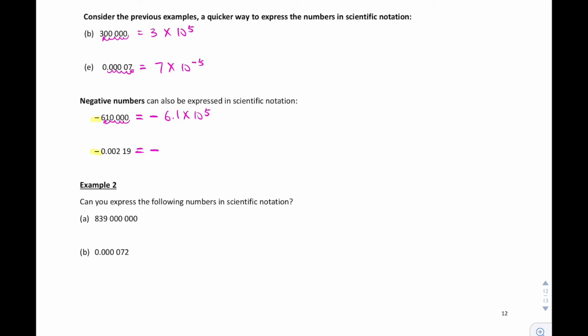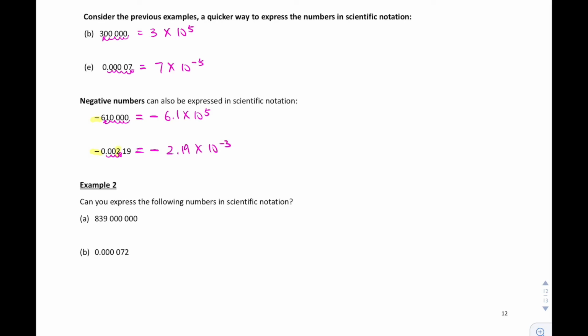And for this one, we try to move the decimal point 3 places to the right until we have the most significant figure 2. So this is 2.19 times 10 to the power of -3.